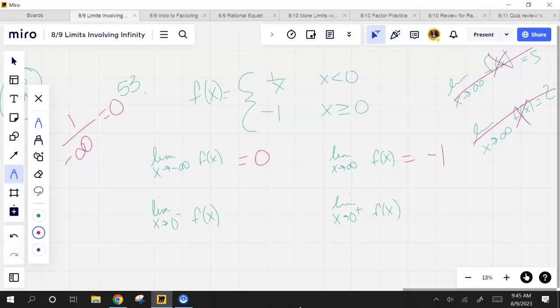How about as x approaches 0 from the left? Well, let's actually think about what it looks like. What happens as you go to 0 from the left?